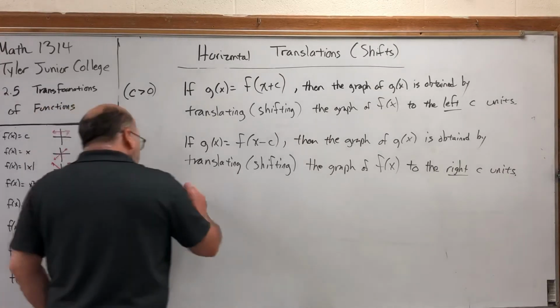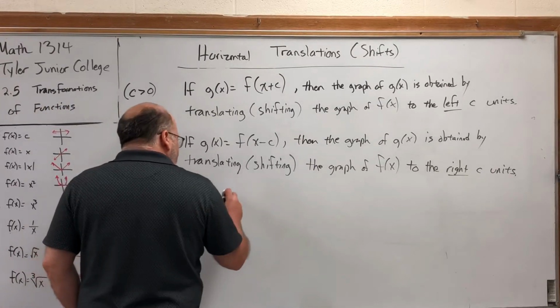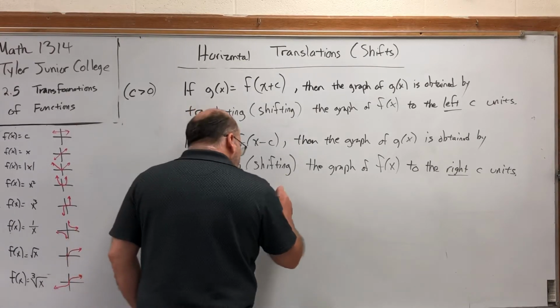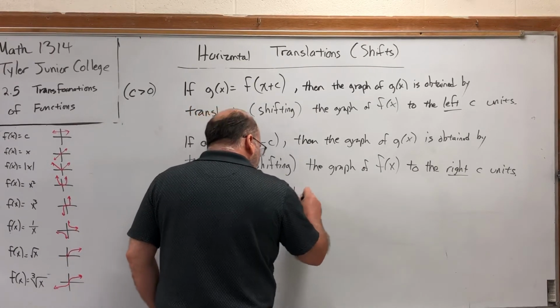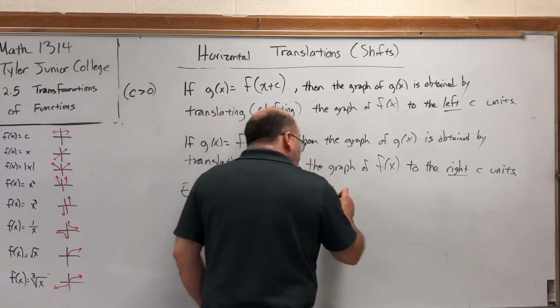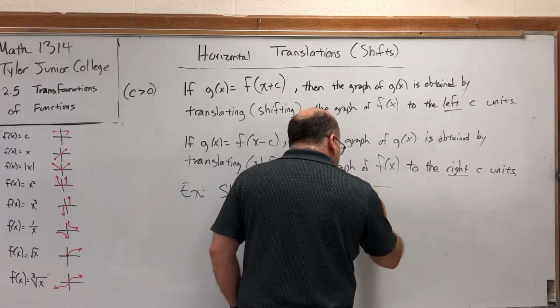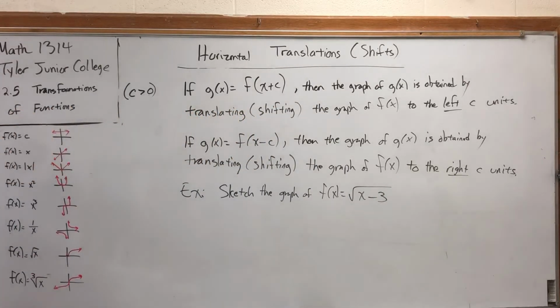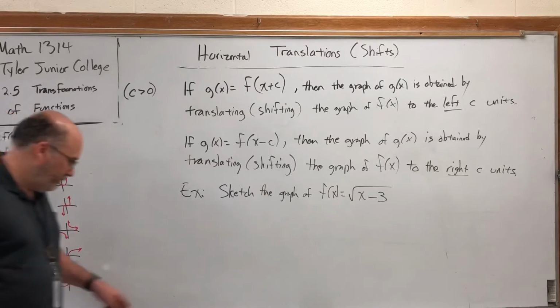So for example, let's say I ask you to sketch the graph, we'll say f of x equals the square root of x minus 3. You would have to ask yourself two questions. What's the shape and what do I do with it?